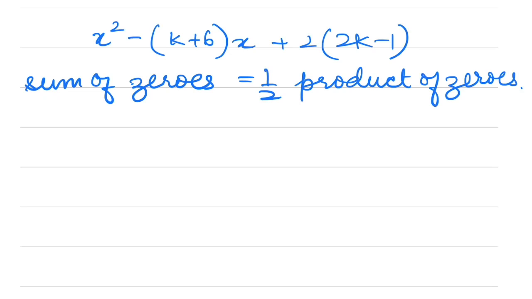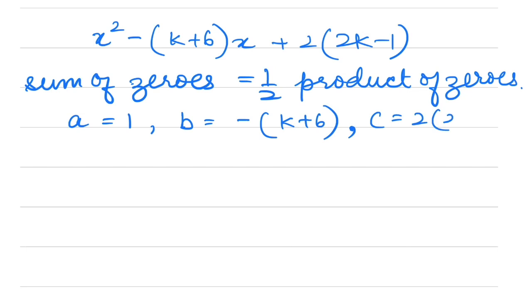Now here a is equal to 1, b is equal to minus (k plus 6), and c is equal to 2 into (2k minus 1).